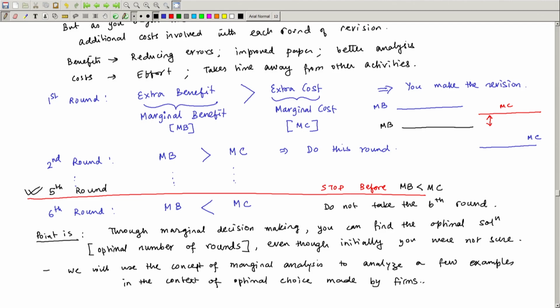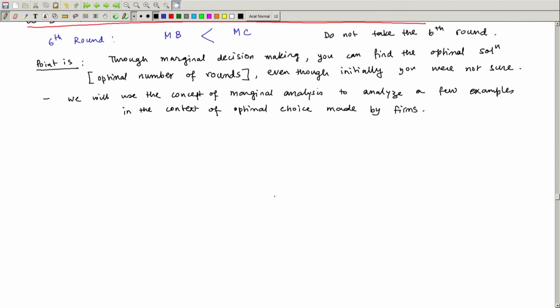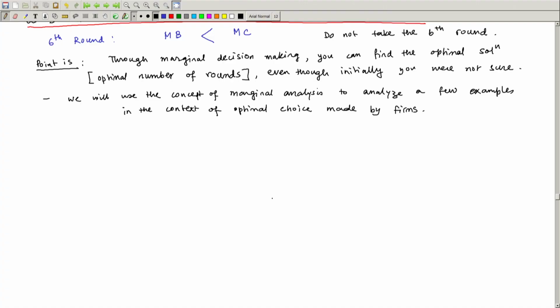But keep this larger idea in mind, that whenever you are talking about marginal analysis, what you have in mind is you are comparing two marginal things, right. You are comparing one benefit term, one marginal benefit term with one marginal cost term, and any optimality, as you will see from the examples that we will discuss, that any optimal decision will be a decision taken at the margin, right.